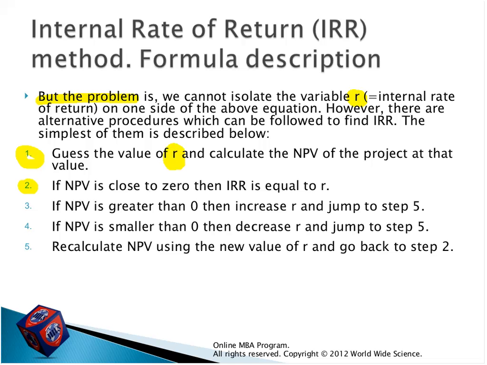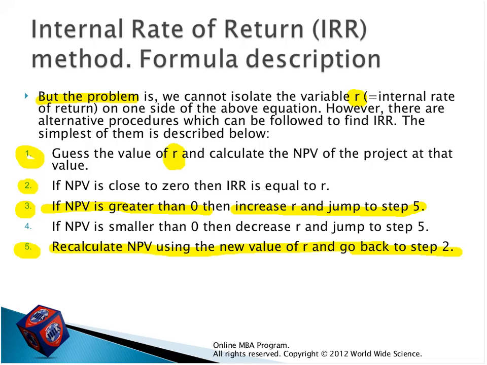It comes at step 3. If NPV is greater than zero, then you have to increase your internal rate and jump to step 5. Step 5 says recalculate the NPV using the new value of R and go back to step 2, which is again the calculation of IRR.